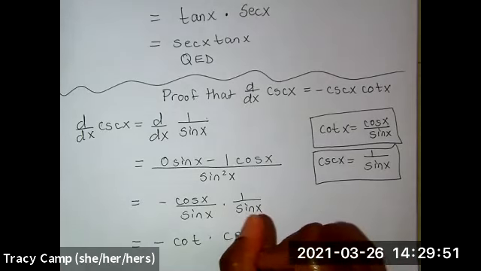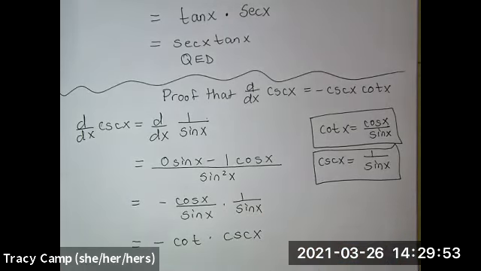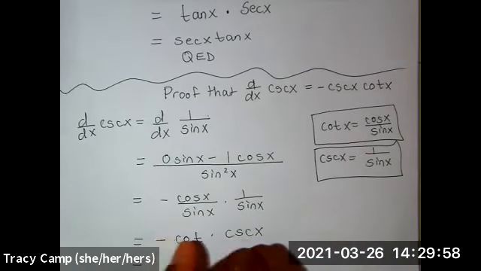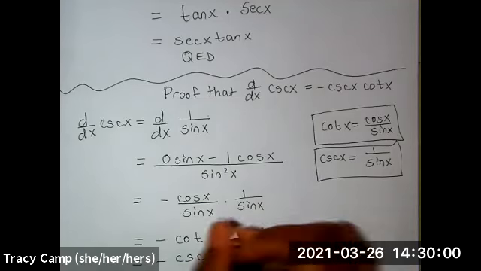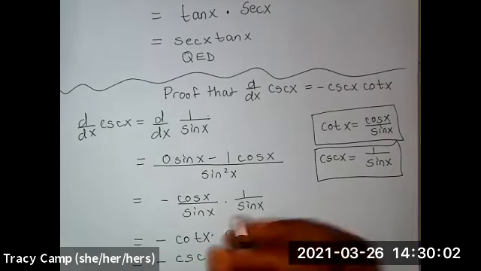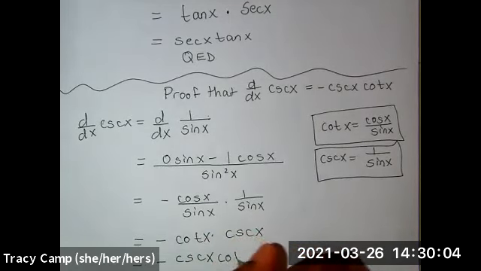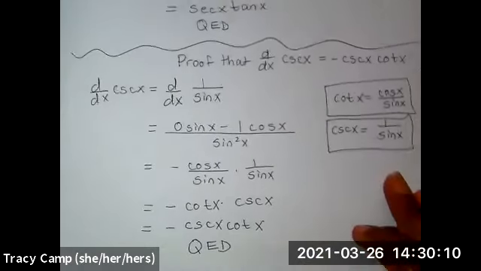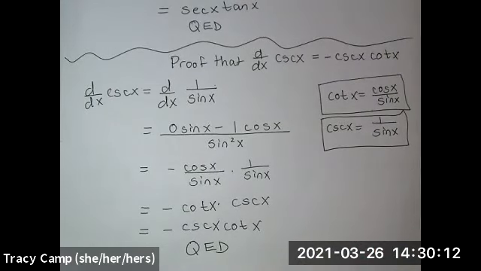We're done. Of course, it's typically written like this, so I'll just rewrite it using the commutative law of multiplication. I forgot to put my x there. And now we are done. So there's my proof that the derivative of cosecant x is negative cosecant x times cotangent x.